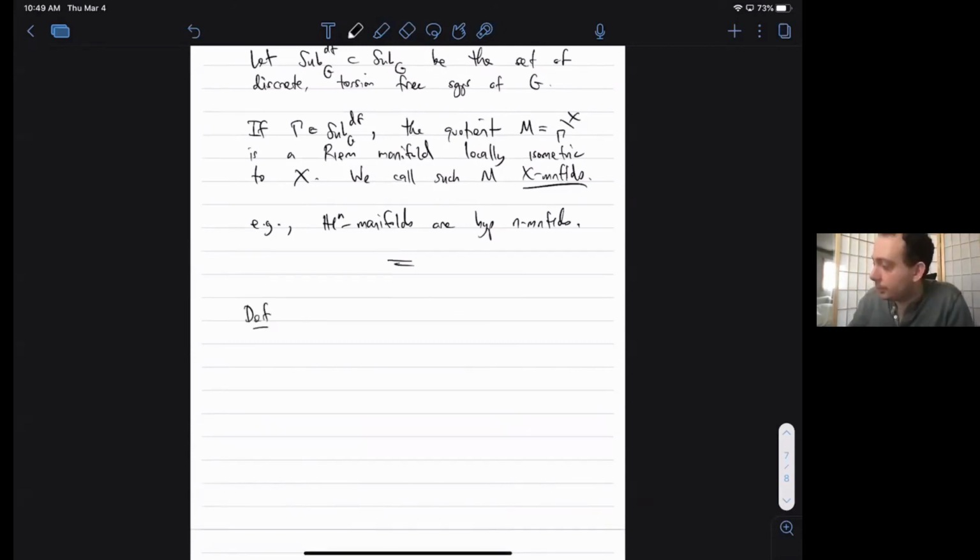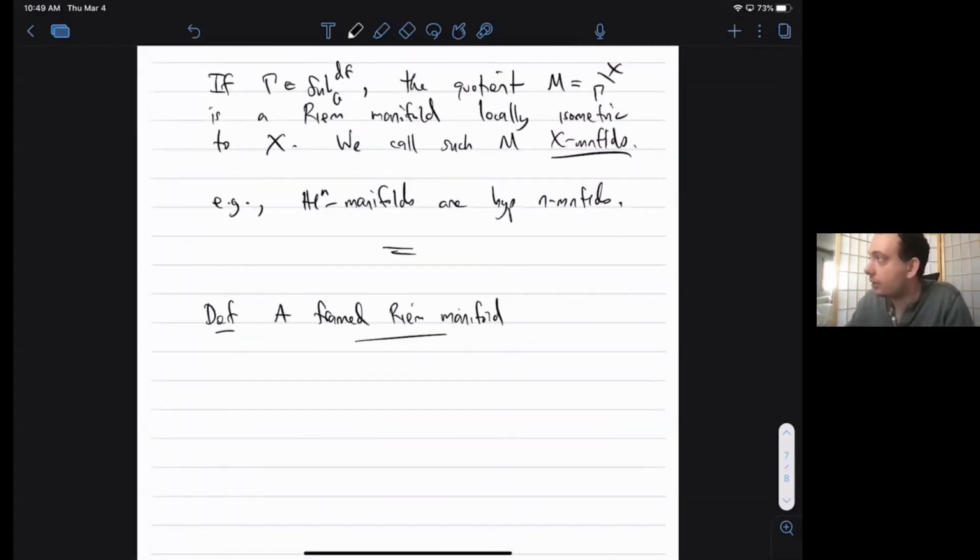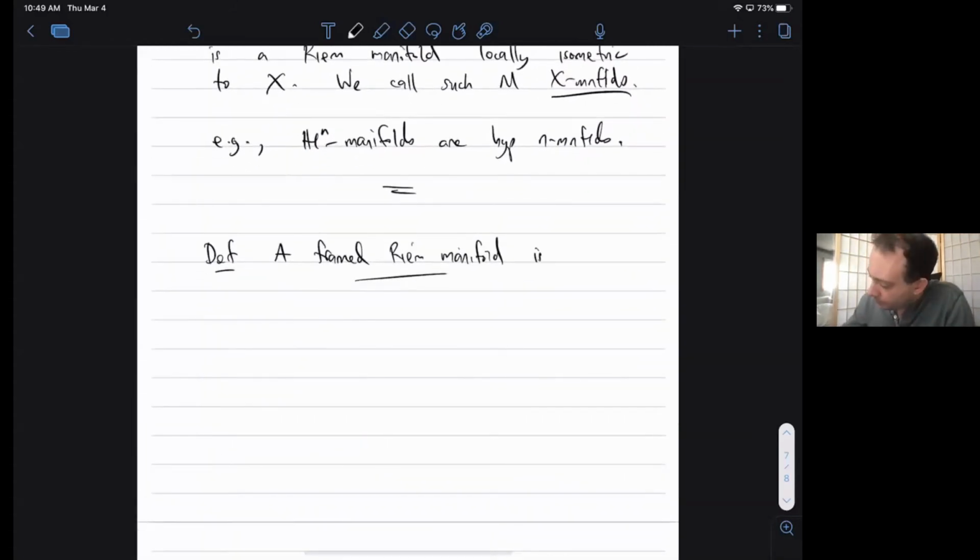So, definition. A framed Riemannian manifold is a pair (M, F), where M is a Riemannian manifold, and F is a base frame.